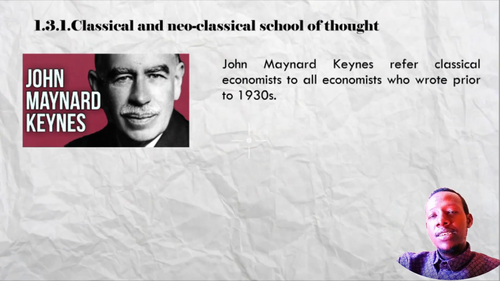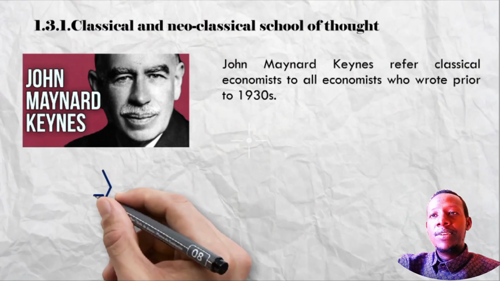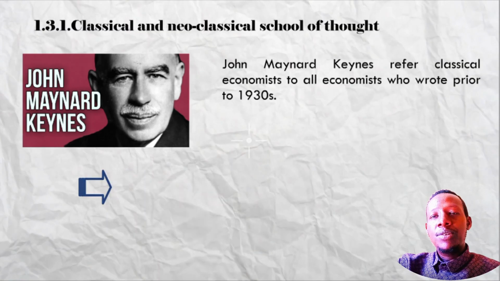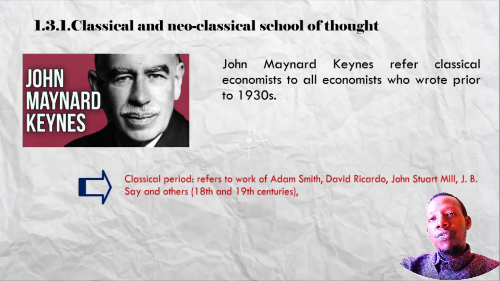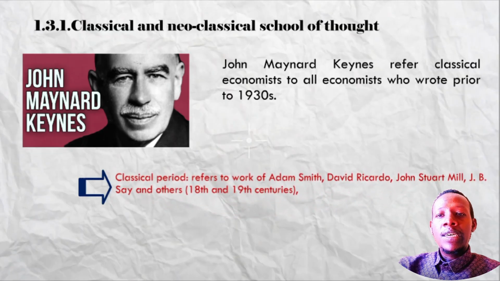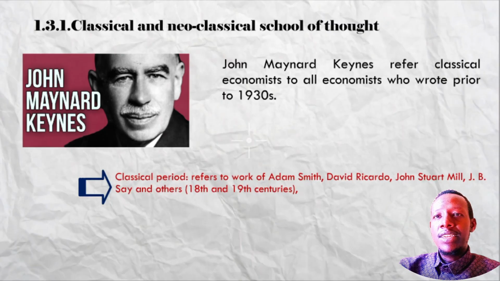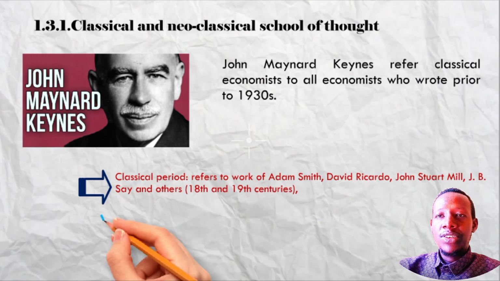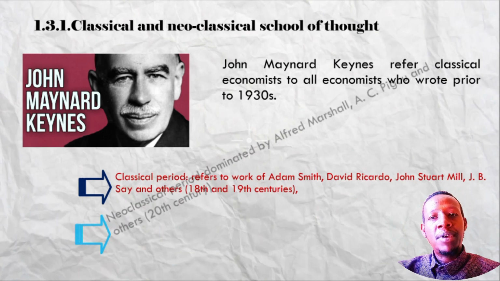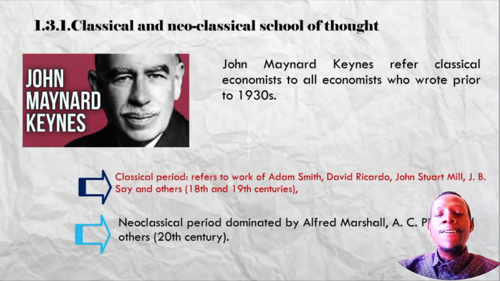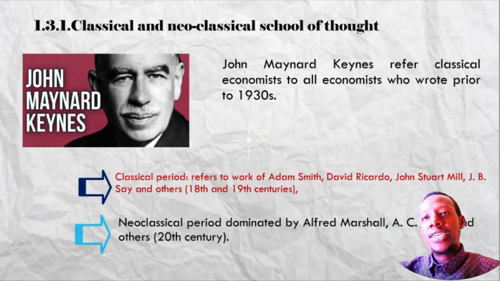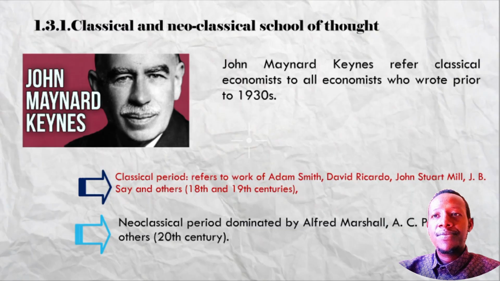Another categorization distinguishes between two periods: the classical period, which refers to the work of Adam Smith, David Ricardo, John Stuart Mill, and Say, as well as other economists during the 18th and 19th centuries. The second is the neoclassical period, which is dominated by the well-known economist Alfred Marshall and others, basically the 20th century economists.